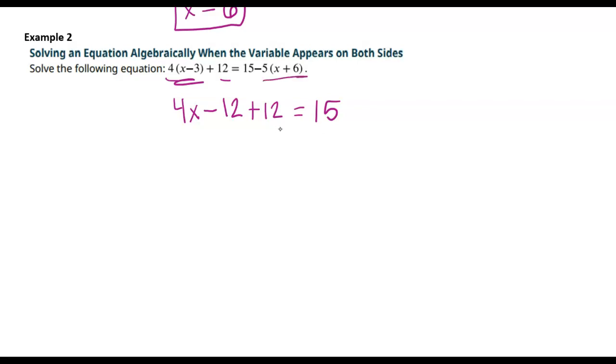And then same thing, I'm going to distribute that -5 to both the x and the 6. So I'm going to say -5 times x, and then plus or minus, it doesn't really matter here, -5 times 6 gives me -30.